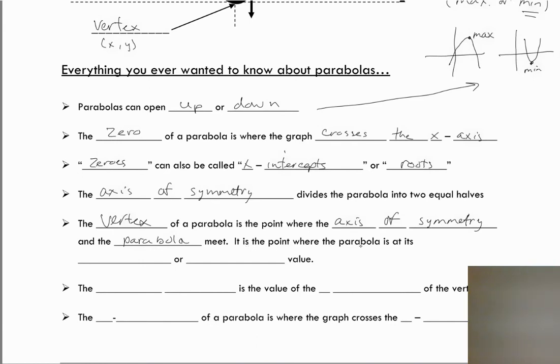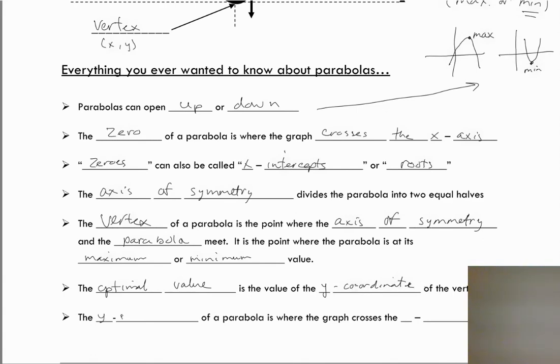It is the point where the parabola is at its maximum or minimum value. The optimal value is the value of the y coordinate of the vertex.